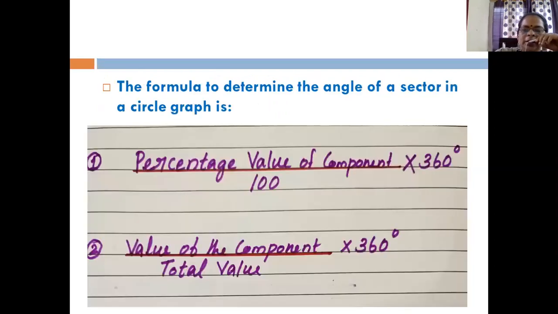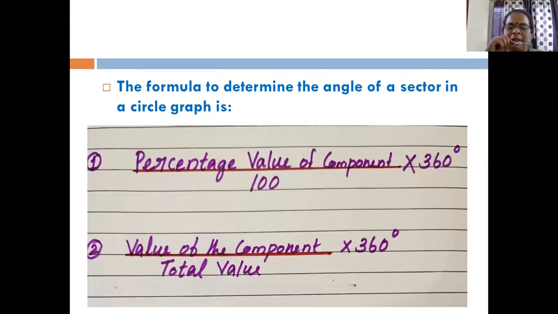Here you can either convert the given value into percentage, then percentage into degree measure, or directly you can convert into degree measure also. And one more thing, suppose the data is given in percentage, that time also you can, because the percentage value is a component. For example, 40 percentage.